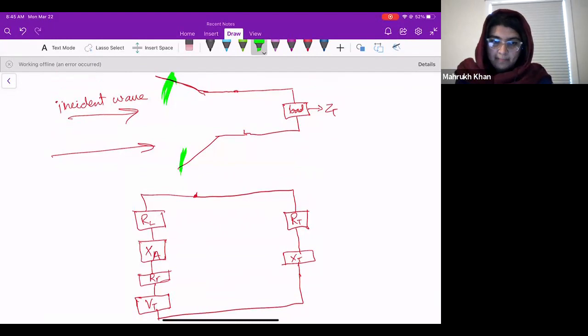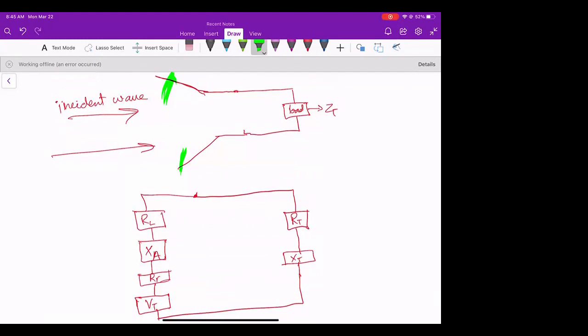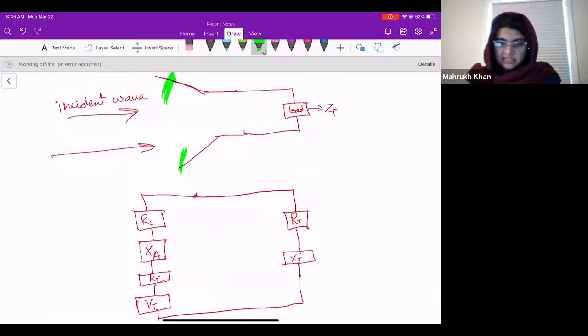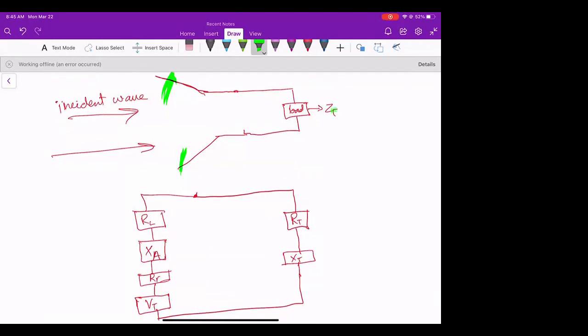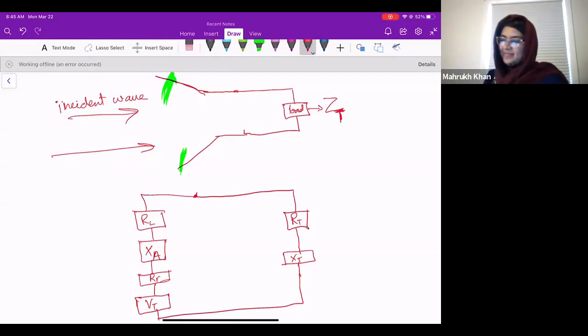Okay. Sounds good? Dr. Khan, above where it says load, is that ZR or ZL? It's ZT. ZT, they said. Okay. Yes, sorry. So this is ZT. Yes.